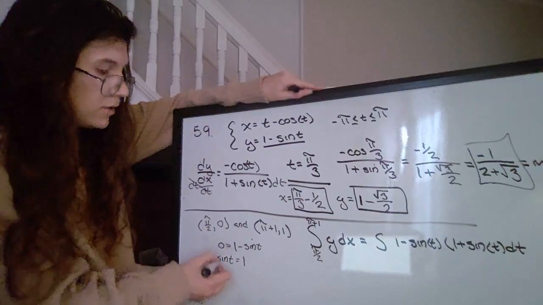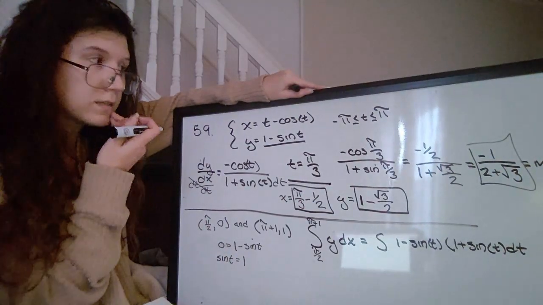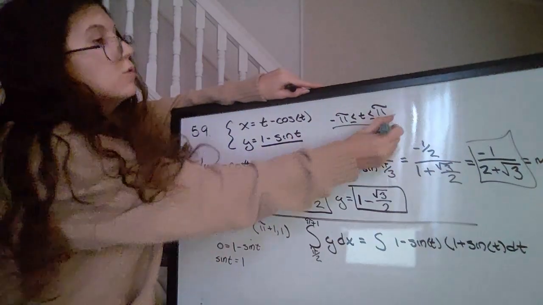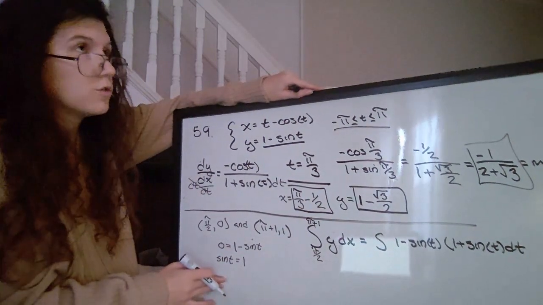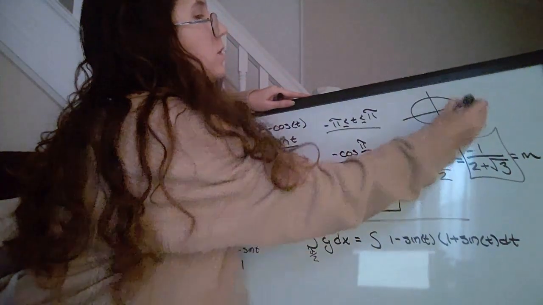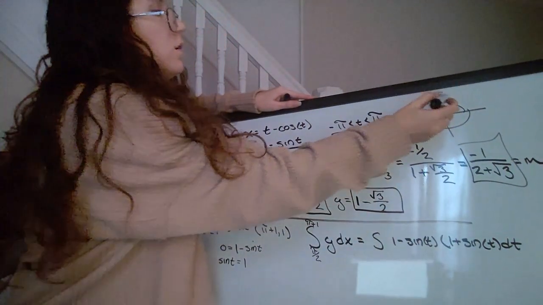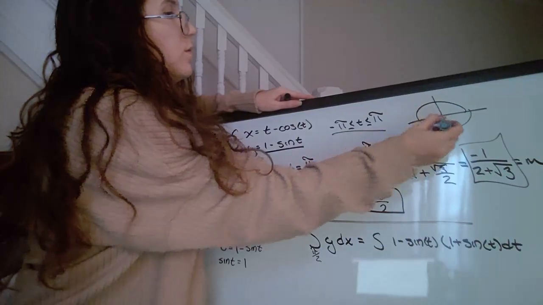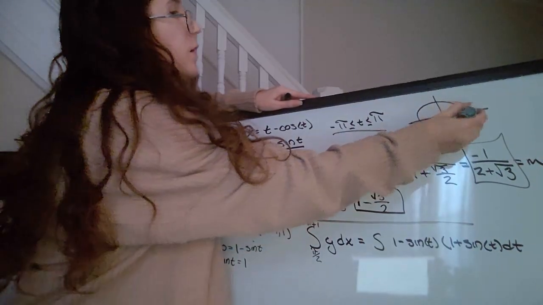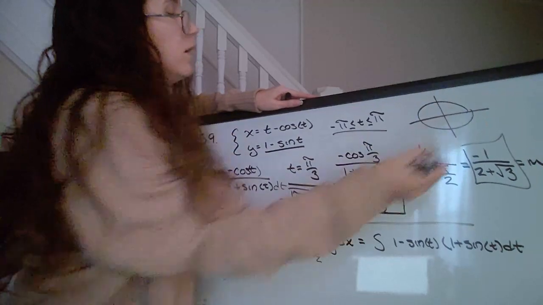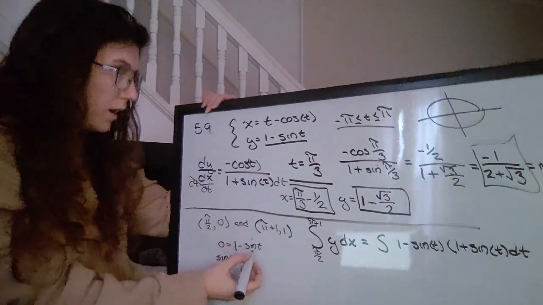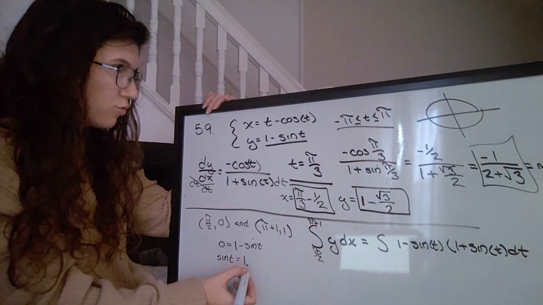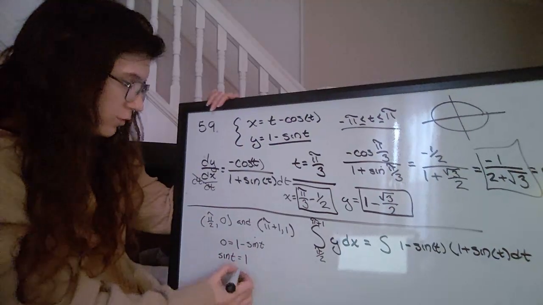Here I basically need to do my inverse sine. So I need to ask, when in this interval is sine 1? Sine is associated with the y values of our unit circle. From pi to negative pi, so we need it to be pi over 2. Yes, pi over 2 is in that interval.